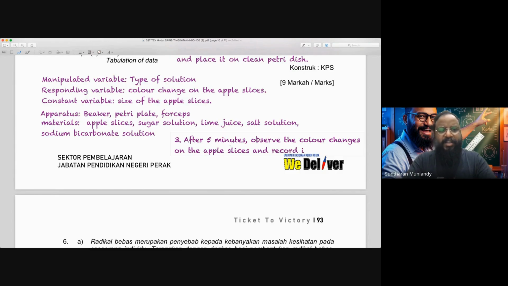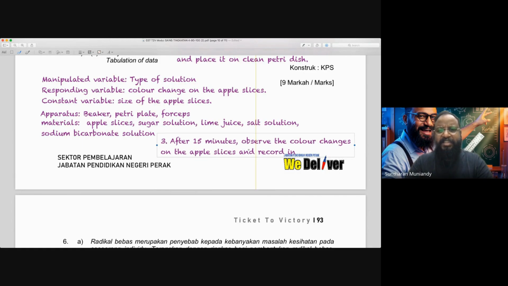Not after 5 minutes, put 15 minutes. After 15 minutes, observe the color changes on the apple slices and record in the table.